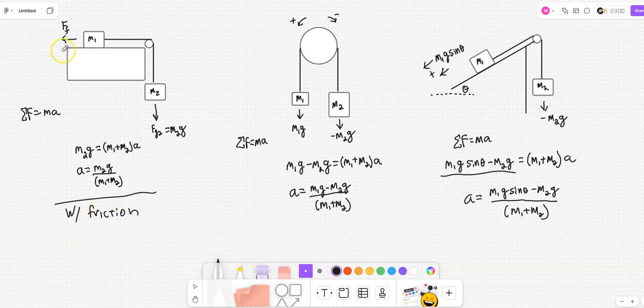We made this positive, so in this case it would be negative. So we have a negative force of friction. And we're just assigning directions here. You could have opposite signs if you wanted to.